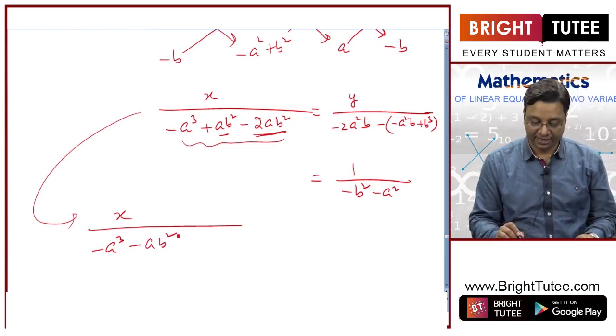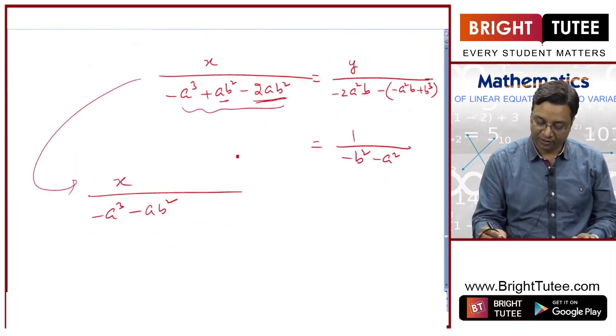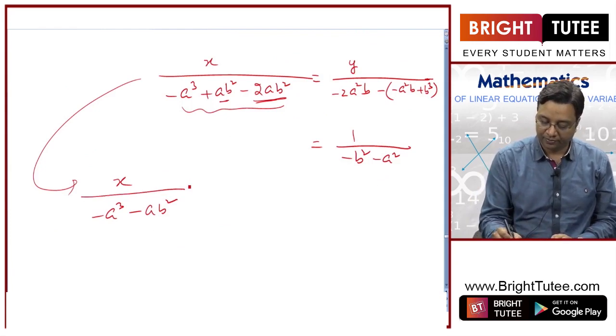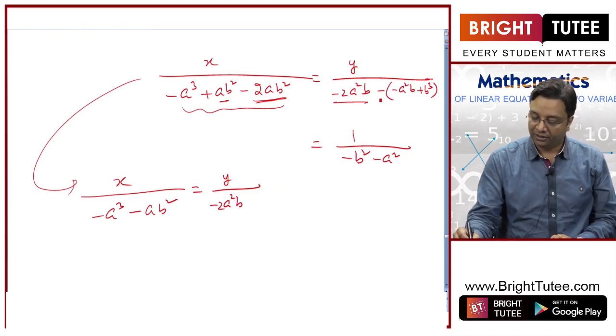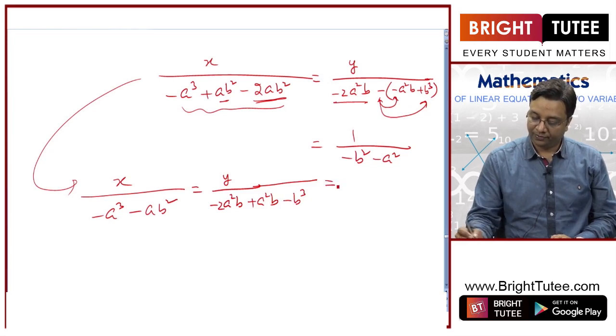Now, you can take a as common or minus a as common. Let us do it in the next step. Okay. y divided by, this is minus 2a square b, this is minus minus plus a square b, and this is minus b cube. It is equal to 1 minus 1 by a square plus b square.